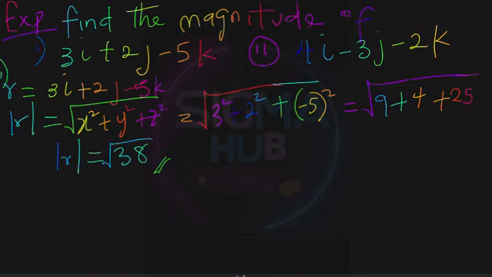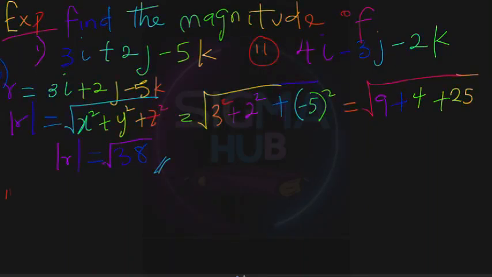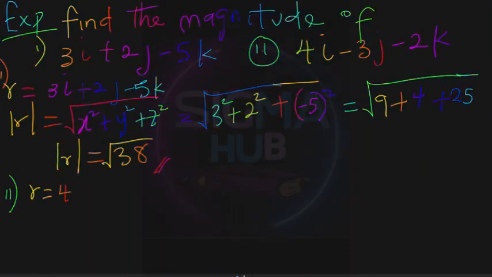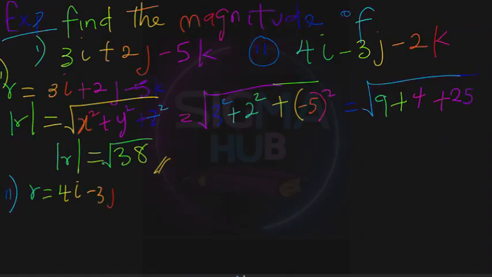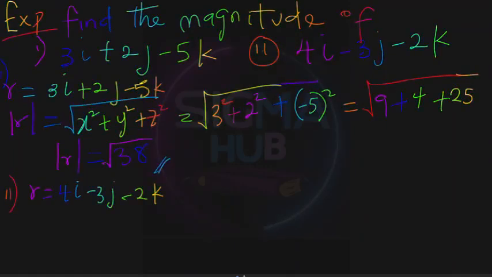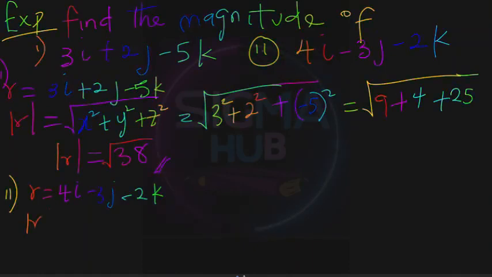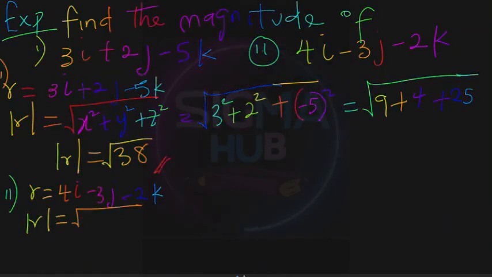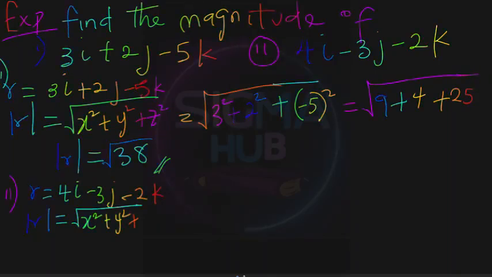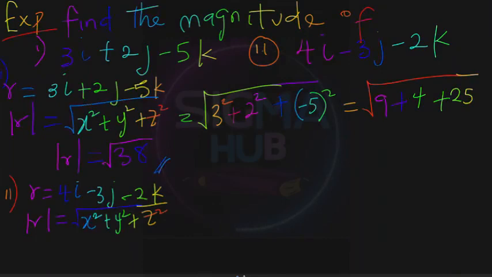Now I'm going to repeat the same procedure for the second one, which says that r is 4i minus 3j minus 2k. And we already know that the modulus of r is the square root of x squared plus y squared plus z squared.